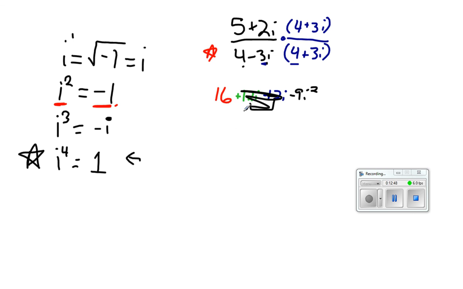Go away forever. Okay, 16. Negative 9 times i squared is just negative 9 times negative 1, which is positive 9. So this whole big old mess, 4 minus 3i times 4 plus 3i, just equals 25.